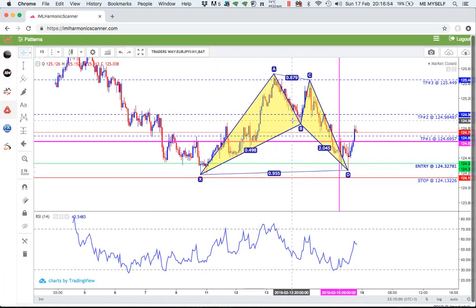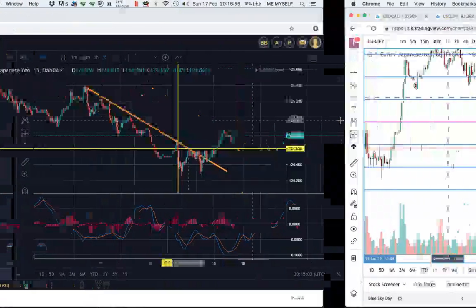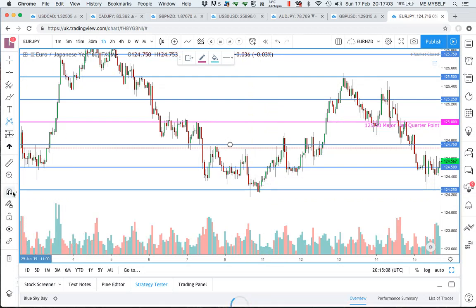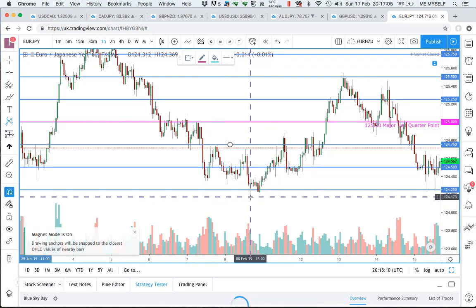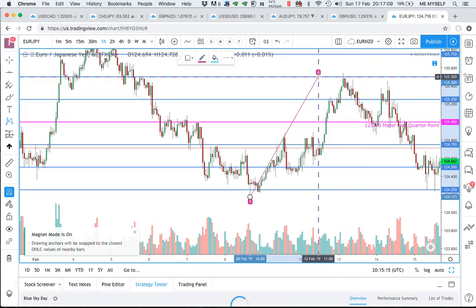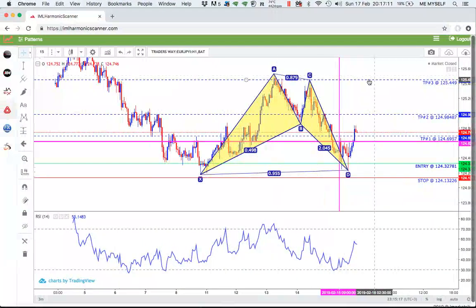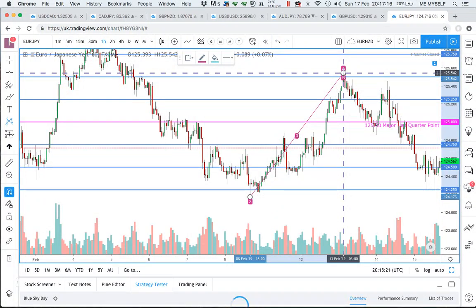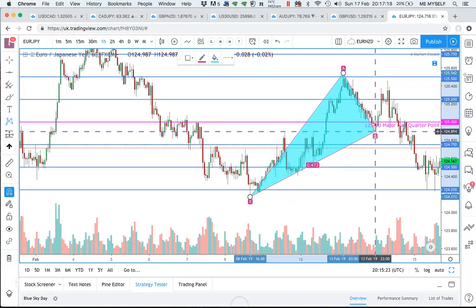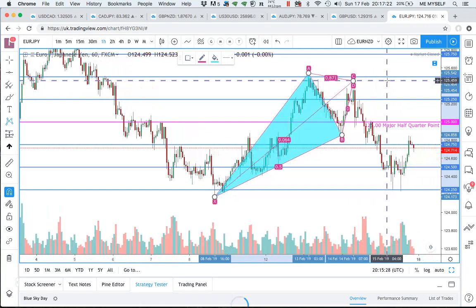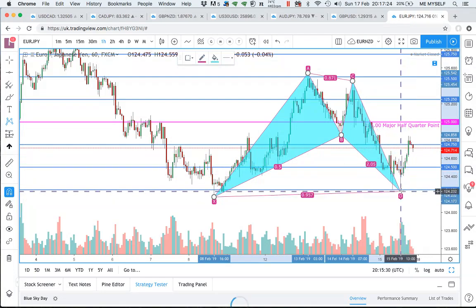So if we plot this harmonic scan on just TradingView, okay, I'll pick my ABCDs. All right, so this is my X to A to B to C, and then D was formed a bit further down.